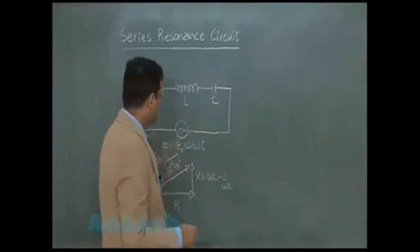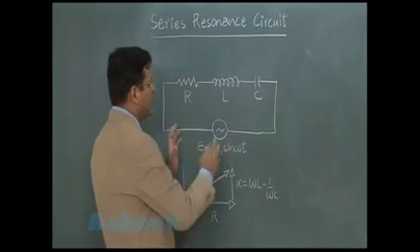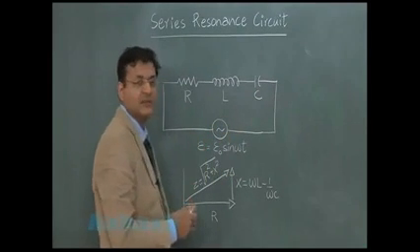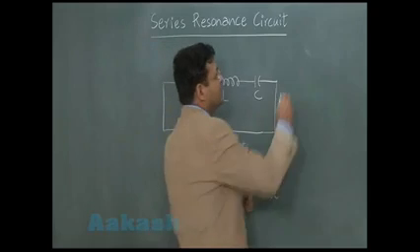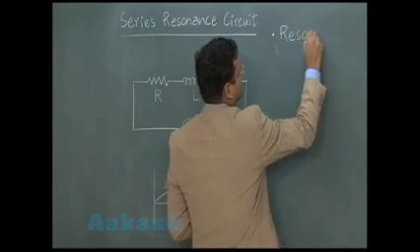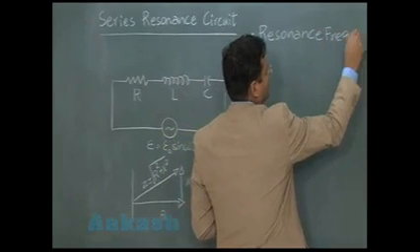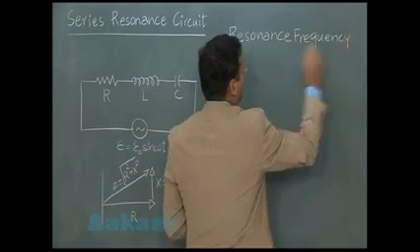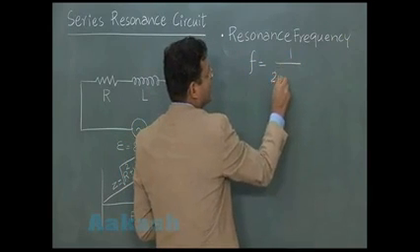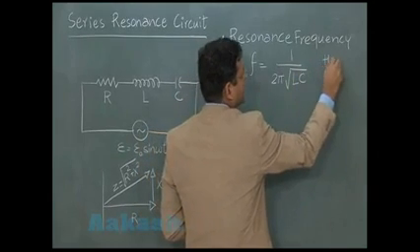Once you have understood that there is a particular value of EMF which drives the circuit in resonance and the current flowing is maximum, first thing you should remember that resonance frequency F will be written as 1 by 2 pi under root LC, and this will be in hertz.